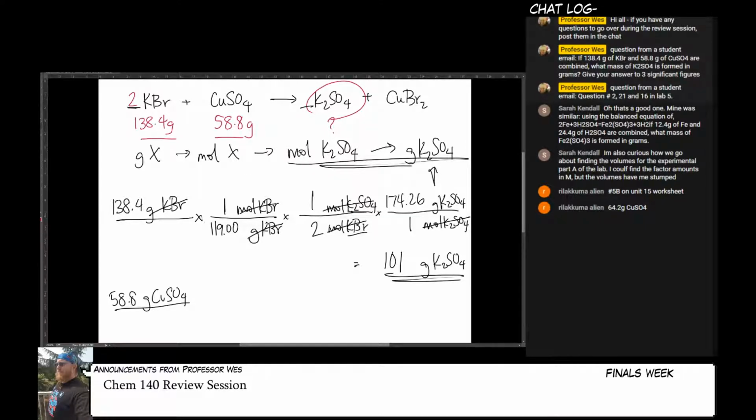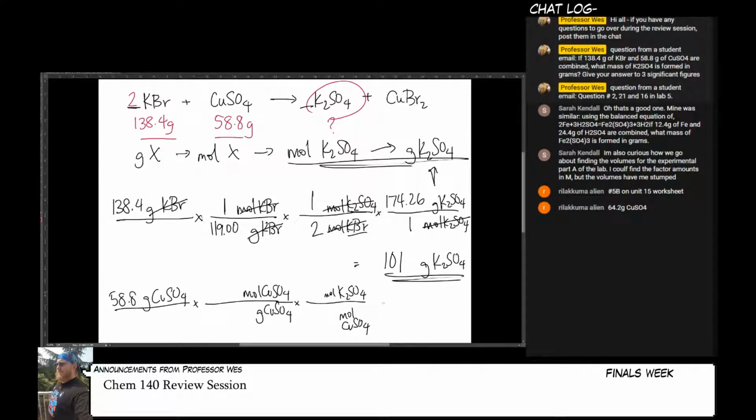All right, let's go over the answer here. So we're going to follow the same process here. And we'll turn moles of copper sulfate into moles of potassium sulfate.